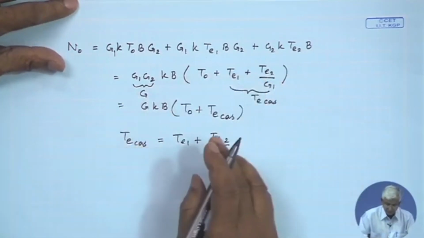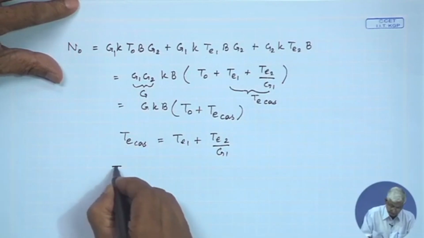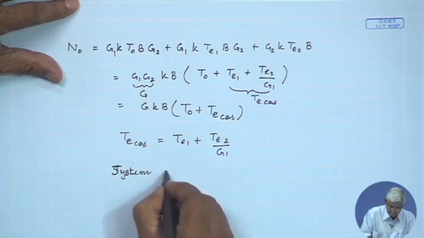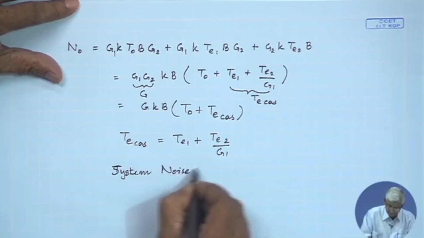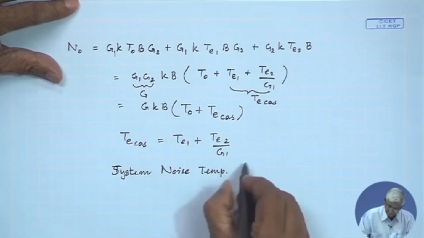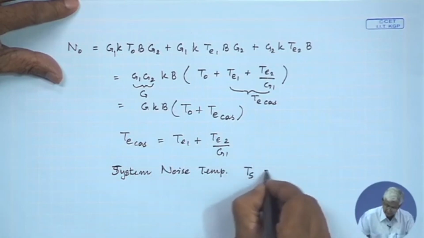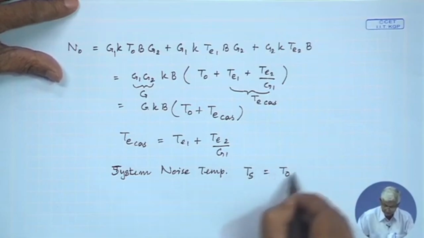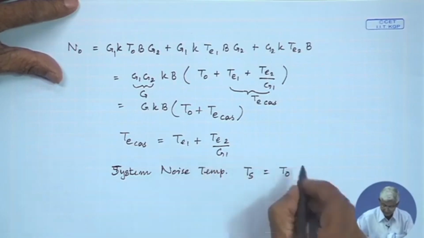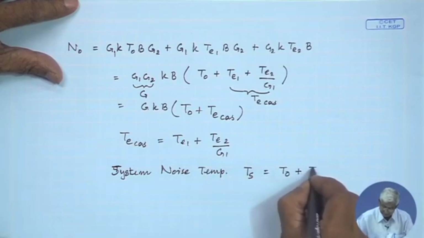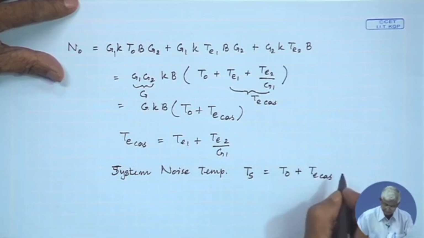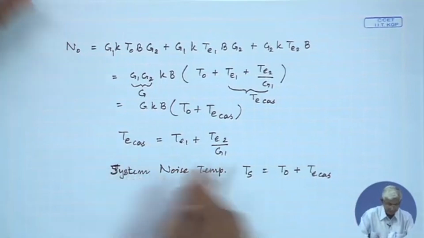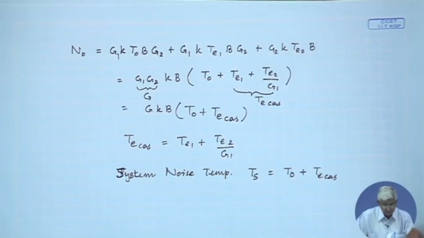And if we look at the overall system, let's call the system noise temperature Ts, which is the input temperature, which is T0 we have assumed, plus TE cascaded. So, that is the system noise temperature. Now, we can convert the whole thing from noise temperature to noise figure.